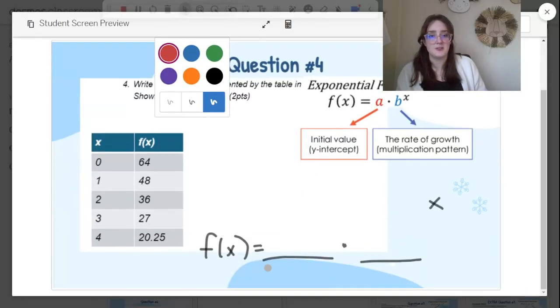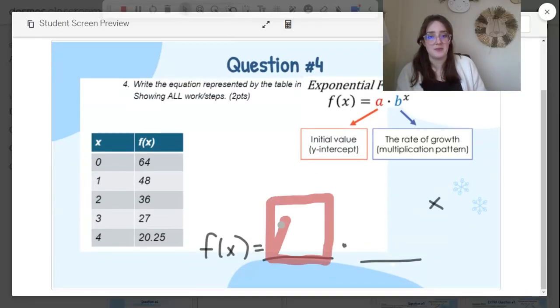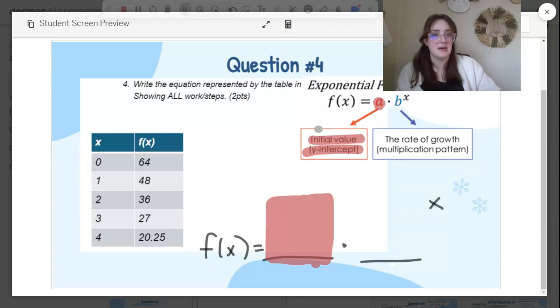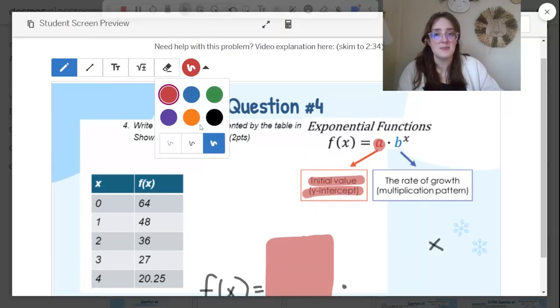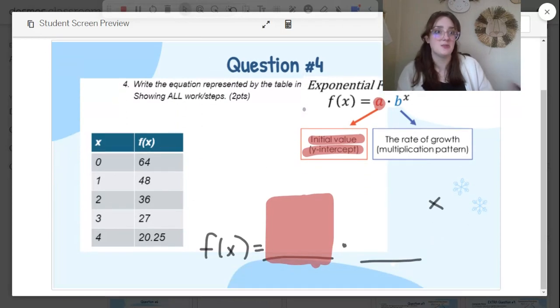So a is always the very first term in our sequence, the initial value. Y-intercept. Remember, if we want the y-intercept, that's when x is equal to 0. It's when it's crossing over the y-axis. So this is when x equals 0.